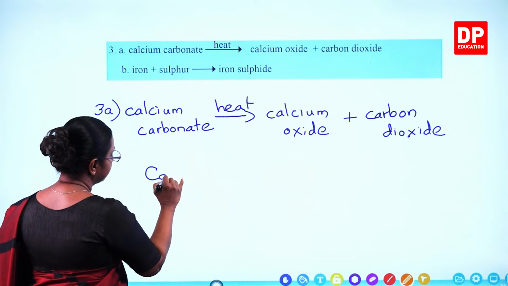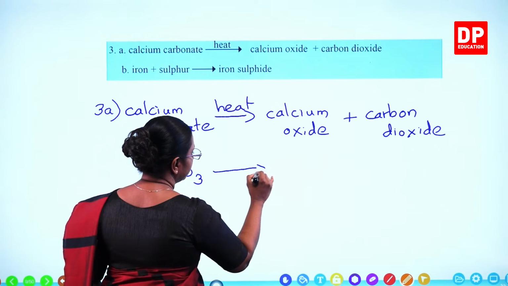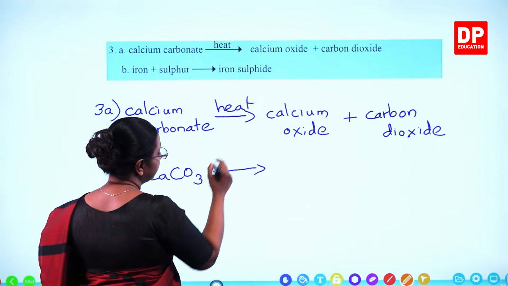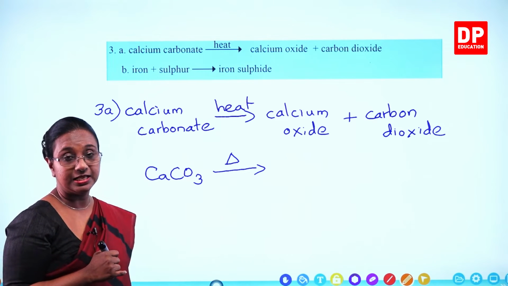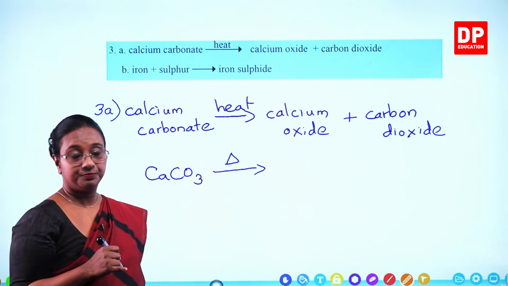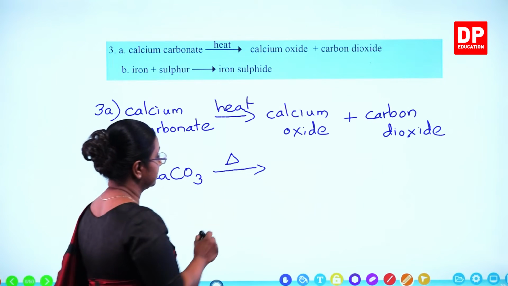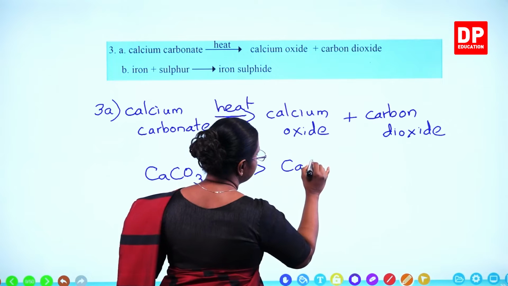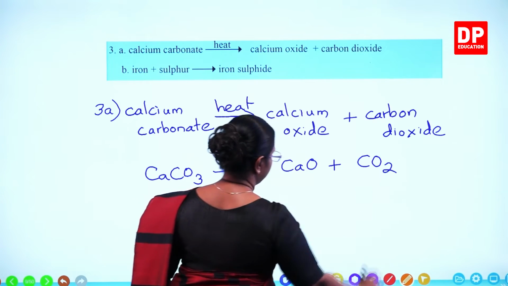You all know calcium carbonate, CaCO3. So you have to provide heat. You can write it as heat, or we can use this symbol to represent heat. Both are okay here. The delta symbol like a triangle to represent heat. You get calcium oxide and carbon dioxide.